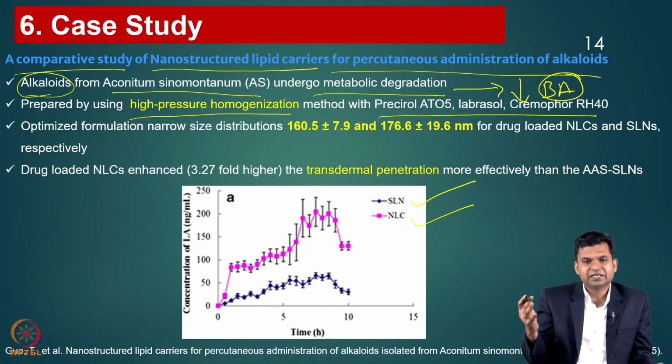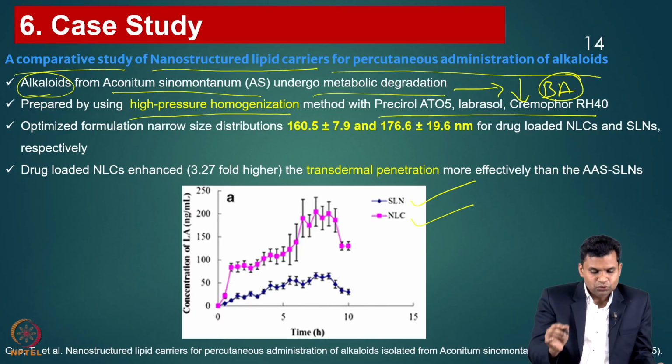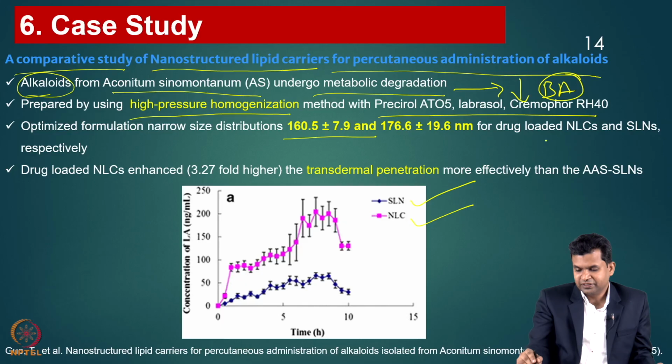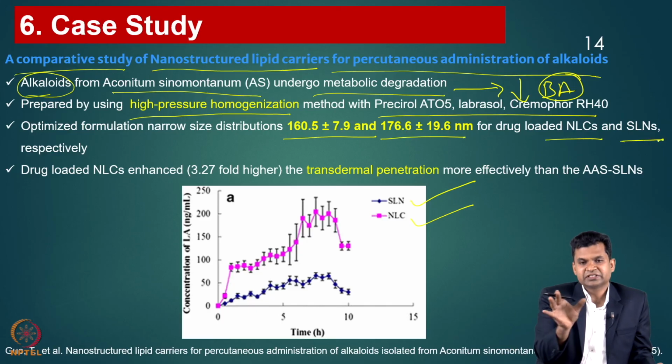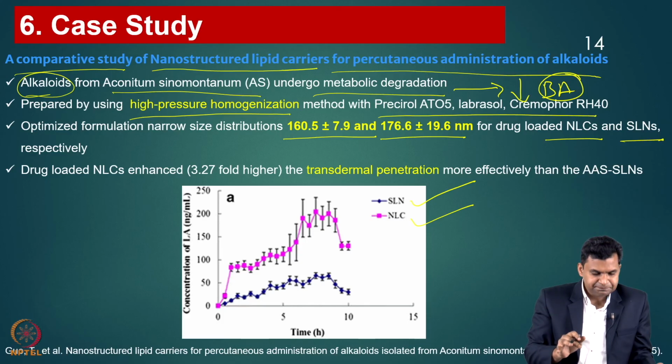Yes, we know that in case of NLCs we have to use solid lipids. So after the formulation, they got a particle size of 160 nanometer for the drug-loaded nano formulation and 176 for the SLN. So interestingly, the particle size is almost the same in both cases.